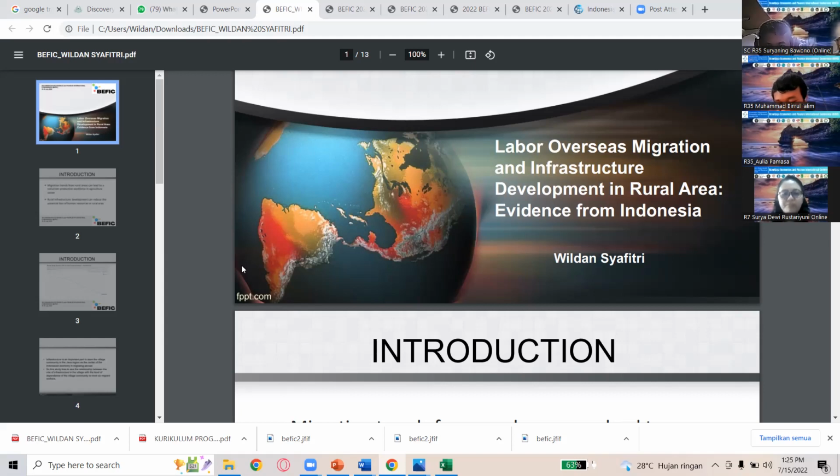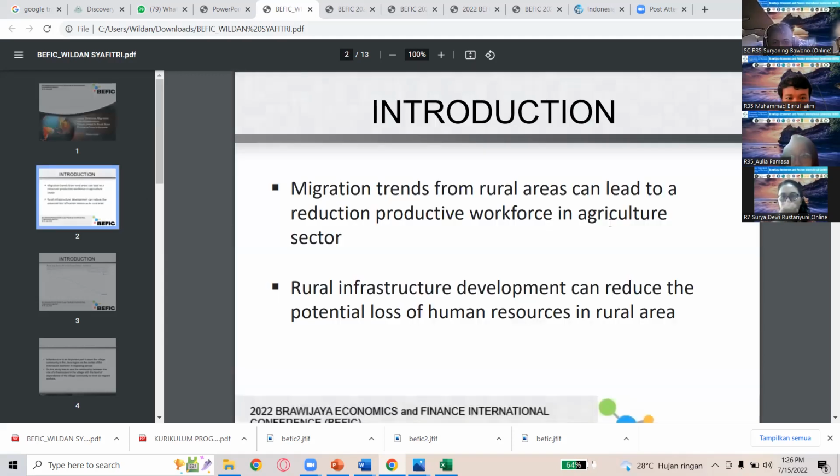Okay, my presentation is about labor overseas migration and infrastructure development in rural areas of East Java. This is a criticism of what we call dana desa. For almost 10 years, we have had the undang-undang desa, and I would like to criticize the impact of the undang-undang desa on migration. And why do I choose migration?